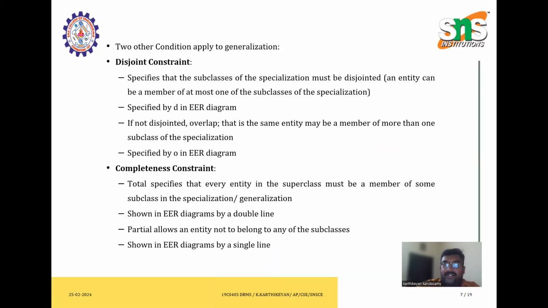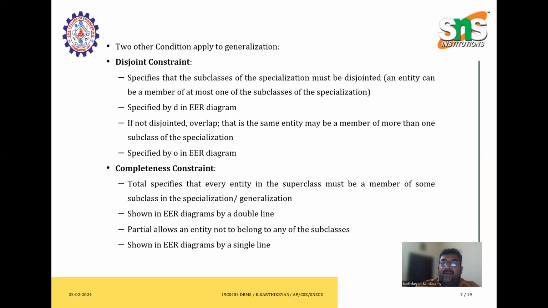Generalization applies based on two conditions: one is the disjoint constraint, and the other is the completeness constraint. The disjoint constraint specifies that the subclasses of the specialization must be disjoint. An entity can be a member of at most one of the subclasses of the specialization, and this is specified in the ER diagram.